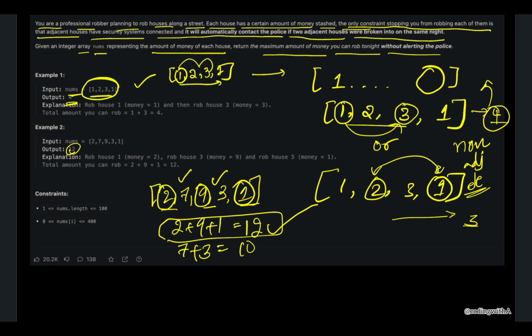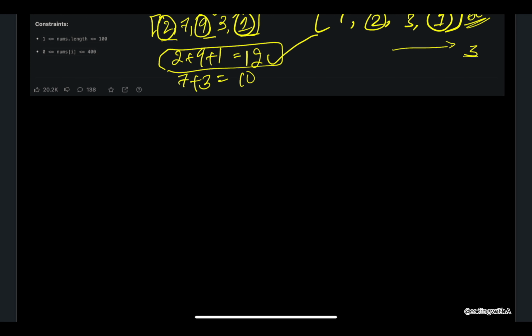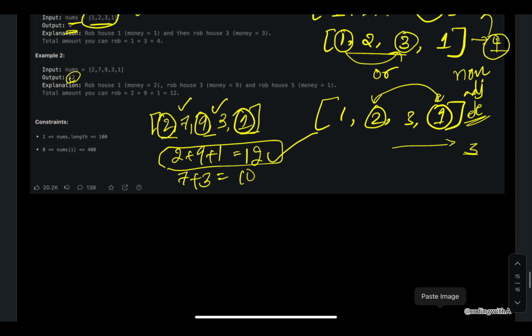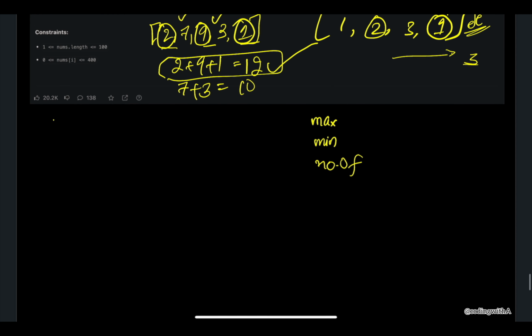Now, what can we do for this? When we are trying to solve recursion problems, I told you that for any such problem where we are trying to return a maximum, a minimum, or a number of ways, we have to convert that function into an index problem. So anytime you write a function, we convert it into an index. Now, what does this index represent?